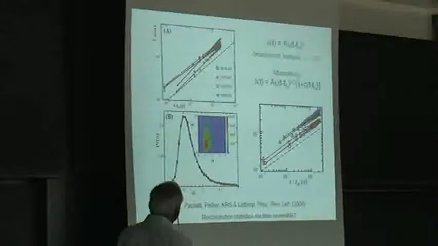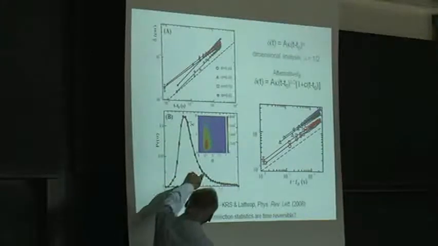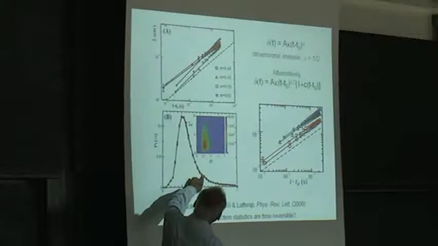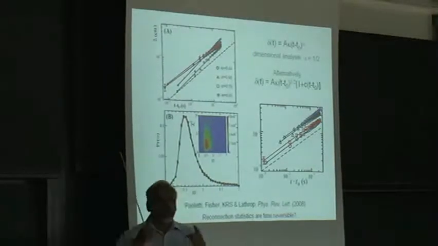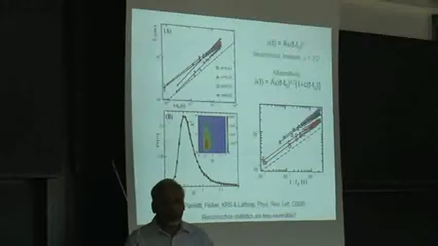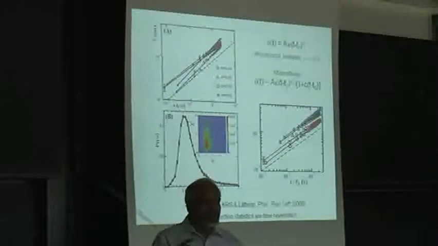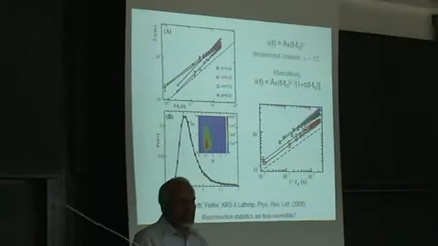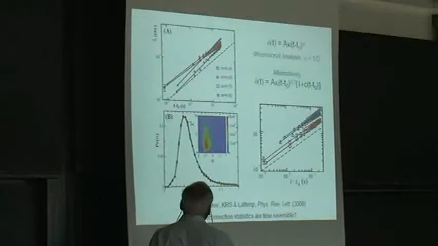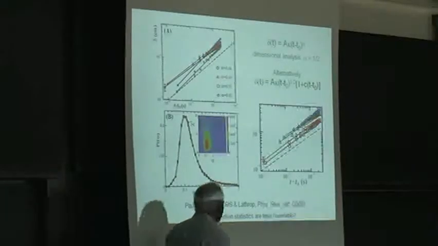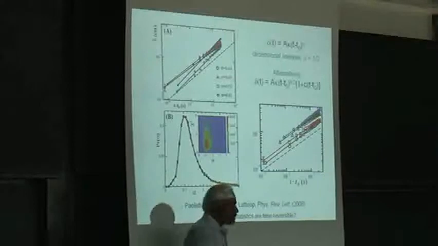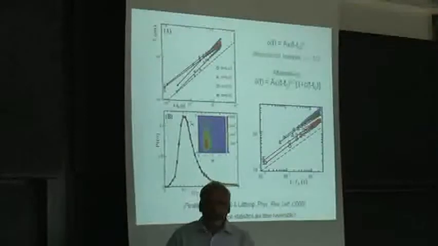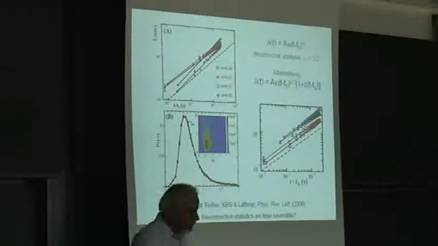Now what you actually find is that the curves here, red and black, correspond to vortices approaching each other and vortices repelling from each other, and they seem indistinguishable from each other, which allowed us to make the remark that maybe the reconnection statistics are in fact time reversible, and this has some important consequences if it were true.